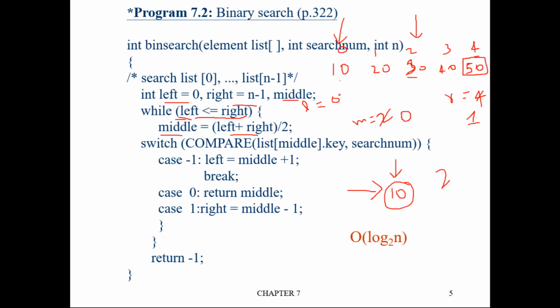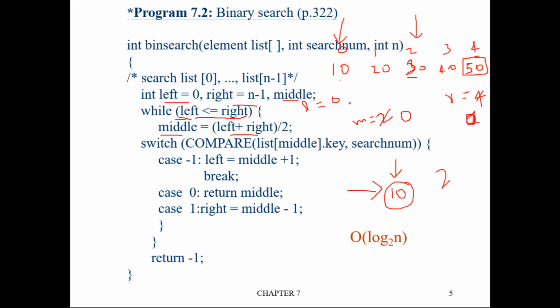No, it is not. Right is 1, so in the next round right will become middle minus 1. So right will become 0. 1 minus 1 is 0.